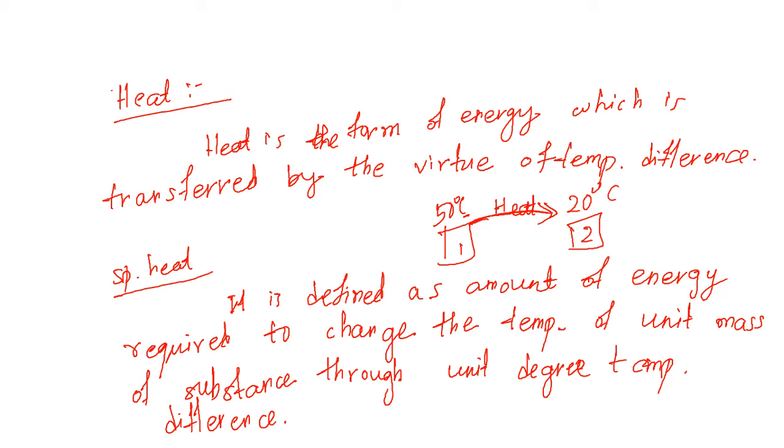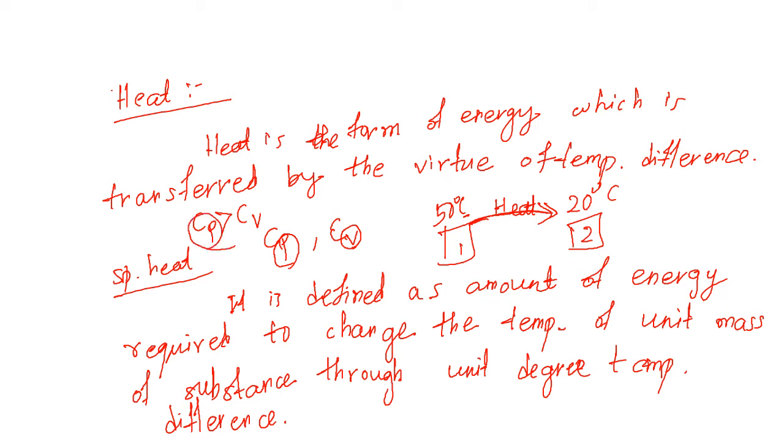Two types of specific heat are there, Cp and Cv: specific heat at constant pressure and specific heat at constant volume. Cp is always greater than Cv. Why? Because Cp contains both internal energy as well as boundary work.